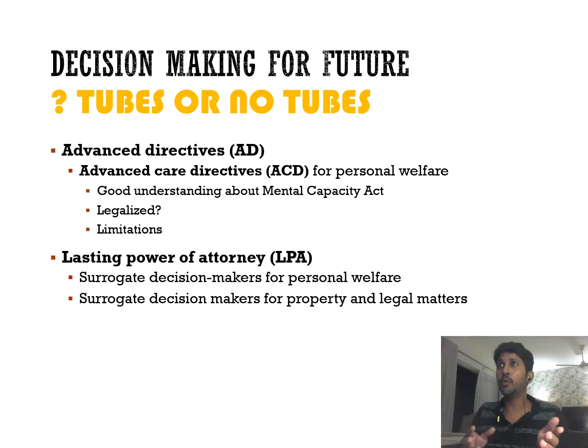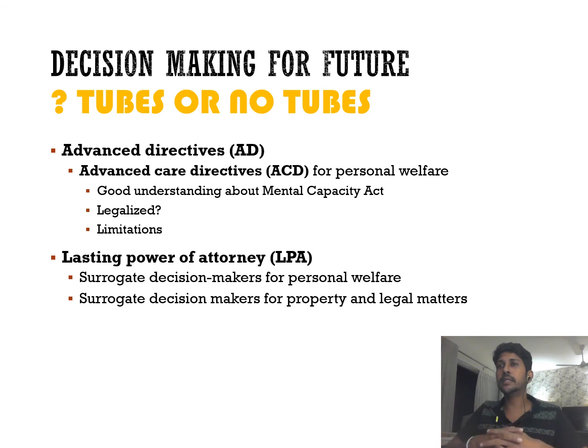A person who is familiar with the patient's likes and dislikes, wishes, preferences, values, and all that. So this person is a substitute decision maker or a surrogate decision maker for the patient.